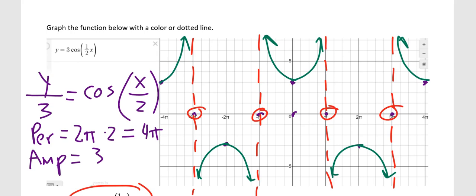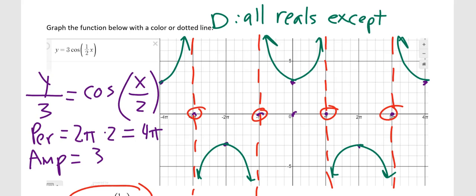What's the domain? All reals except k pi, where we probably have to specify where k is an odd element of the integers.